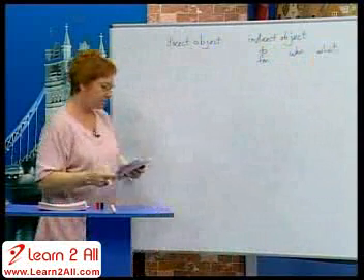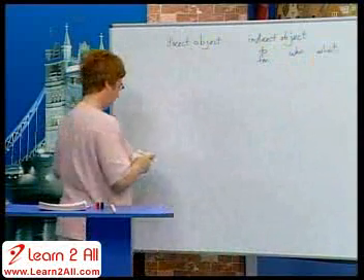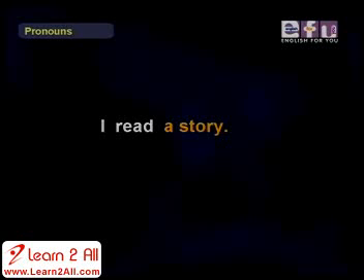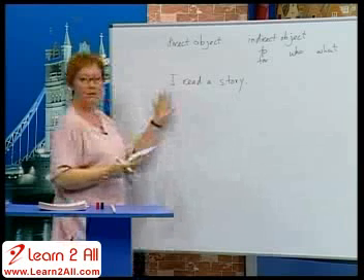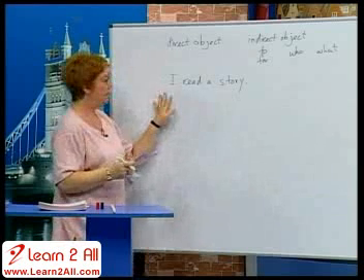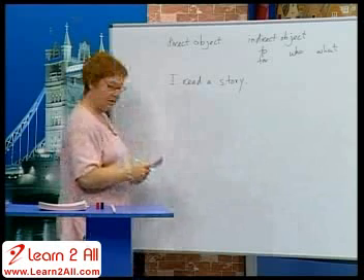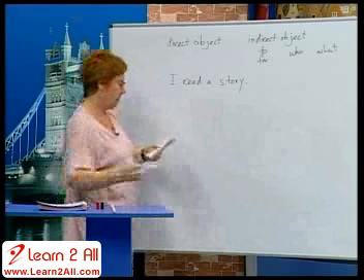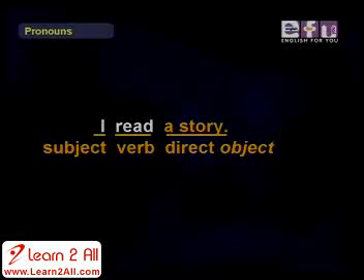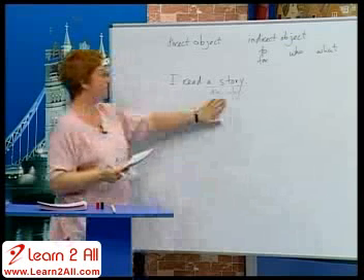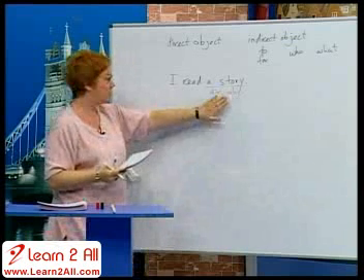Now, look at this sentence. I read a story. Okay? Now, the story is the direct object. It answers the question, what did you read? What did you read?